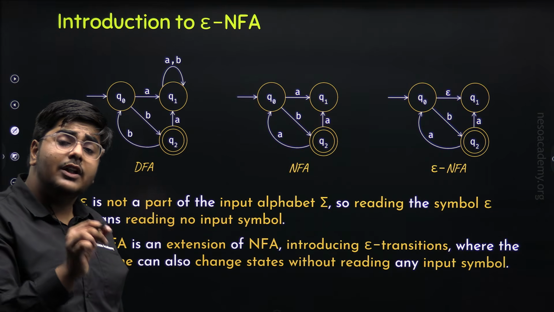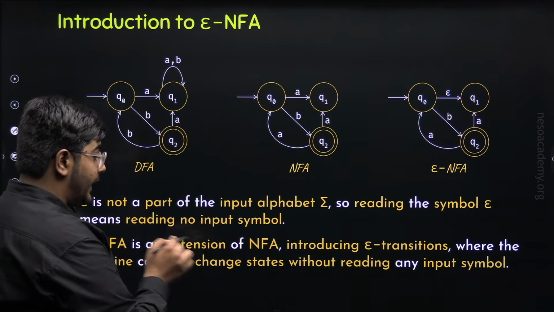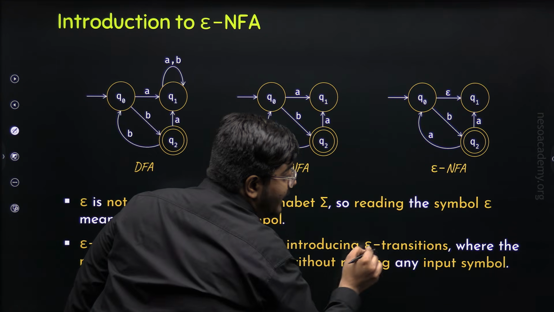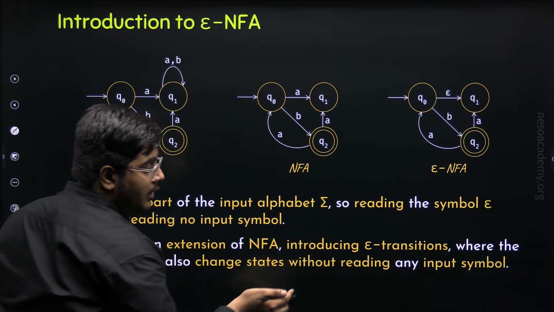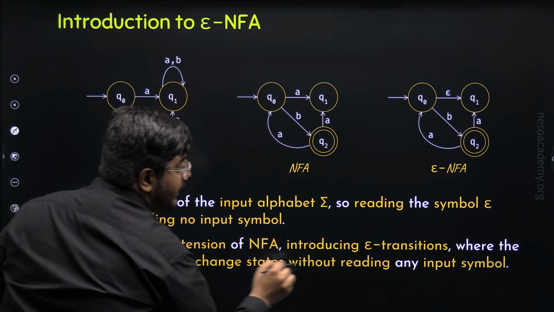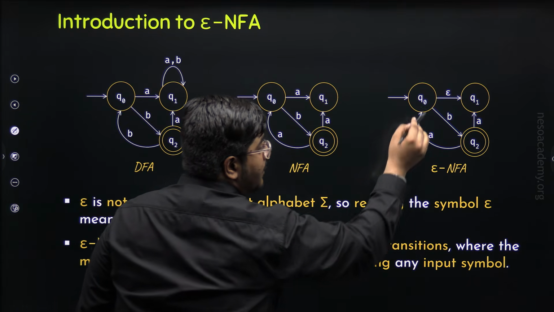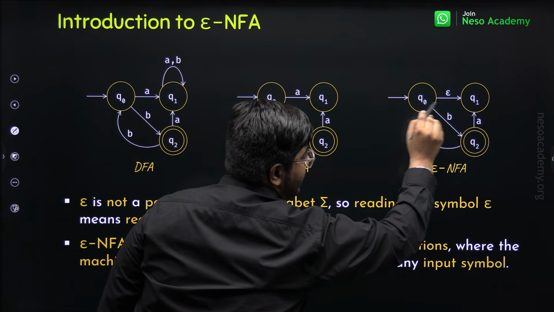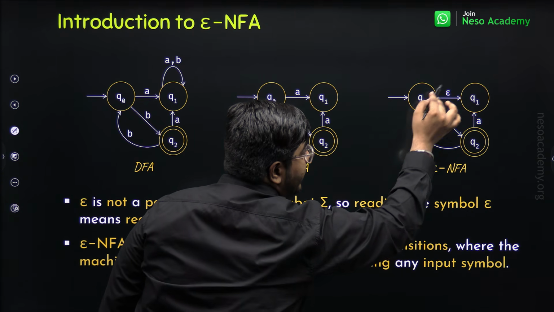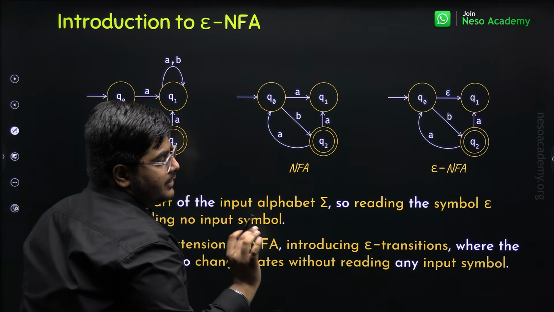So it will have all the properties of NFA, but there is a slight difference. In epsilon-NFA, epsilon transitions are also allowed. Means the machine can also change states without reading any input symbol. Like we have seen in this diagram, machine is able to make the change of states without reading any input symbol because epsilon is not any input symbol.